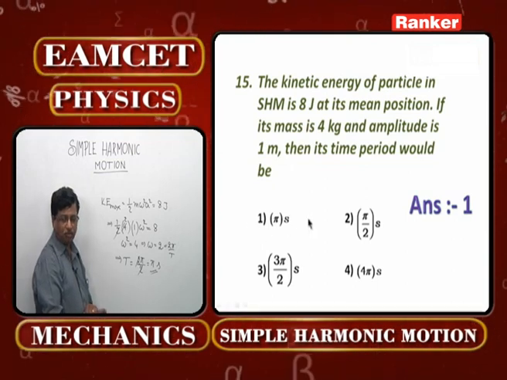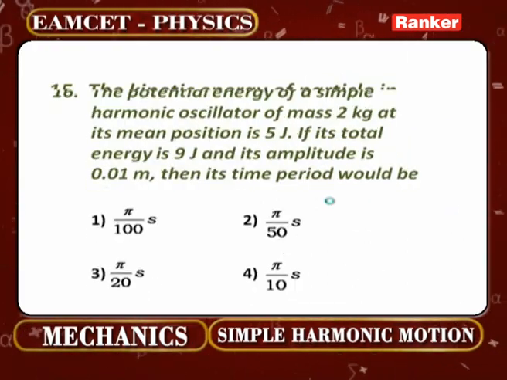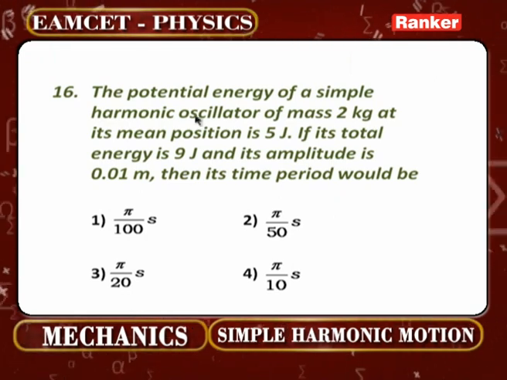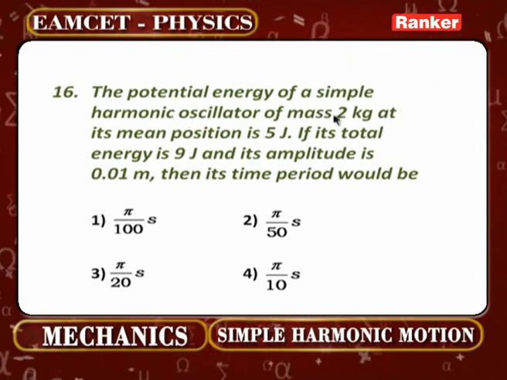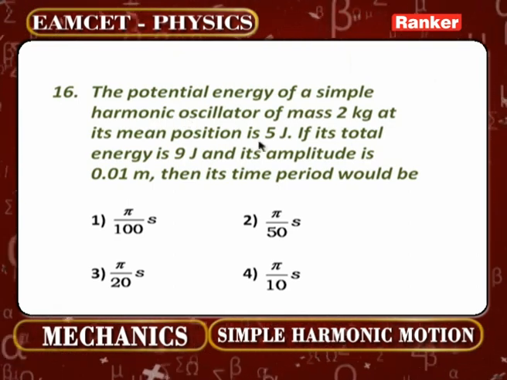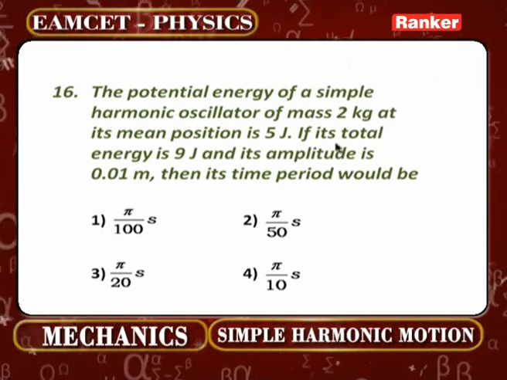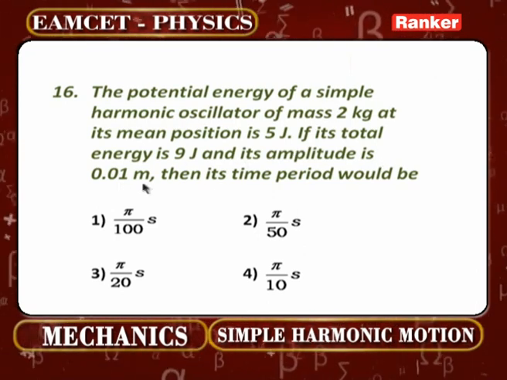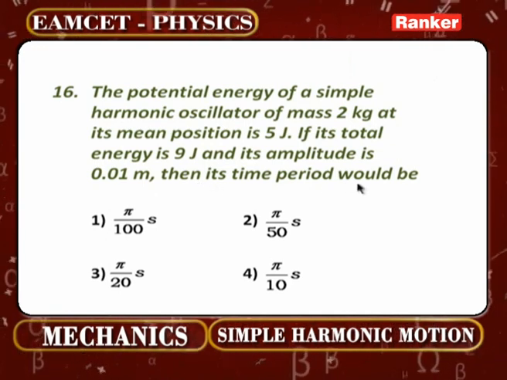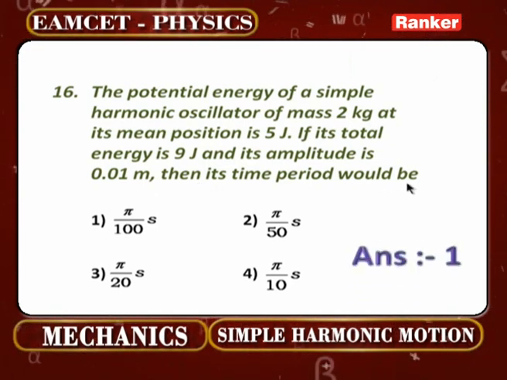Now look at the next number 16, a different model question altogether. The potential energy of a simple harmonic oscillator of mass 2 kg at its mean position is 5 joule. If its total energy is 9 joule and its amplitude is 0.01 meter, then its time period would be how much? That is the question.